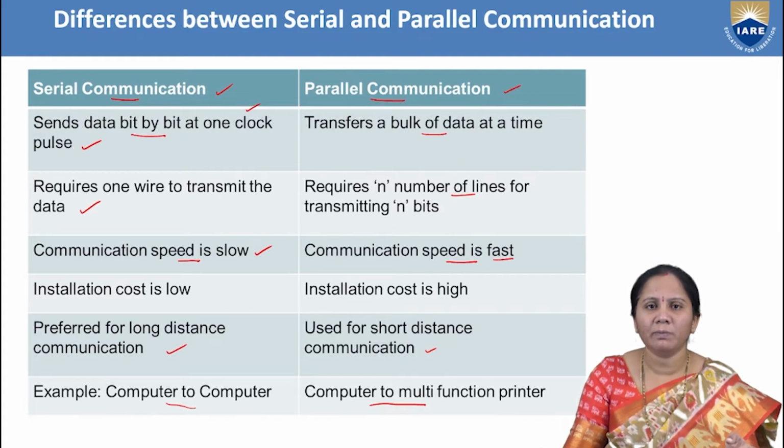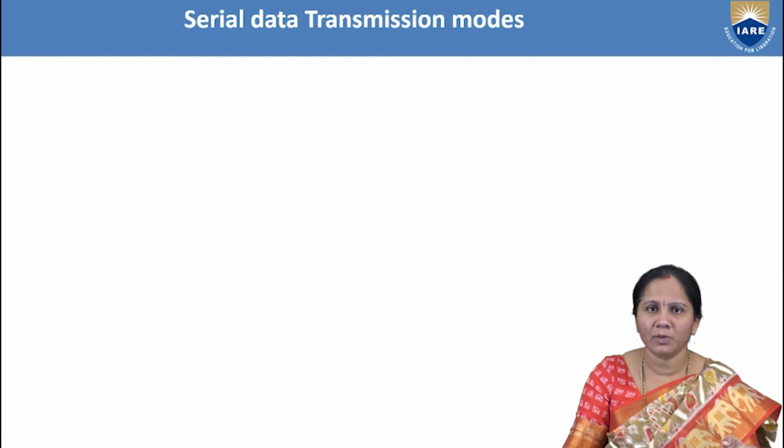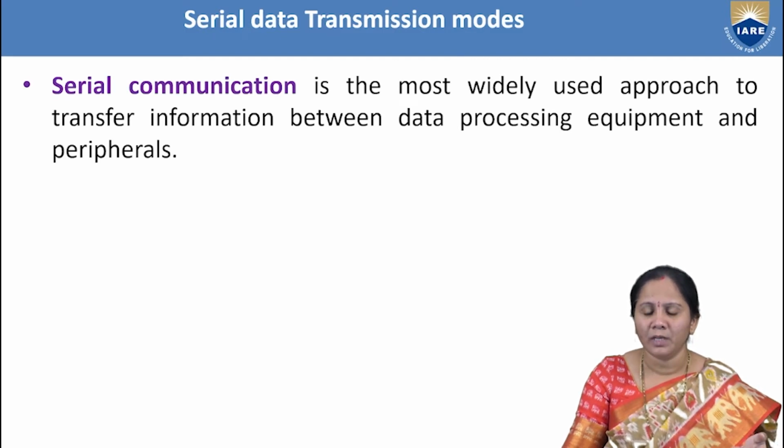So these are some of the basic differences between serial and parallel communication. Since serial communication is preferred for long distance communication, compared to parallel communication, serial communication is preferred.